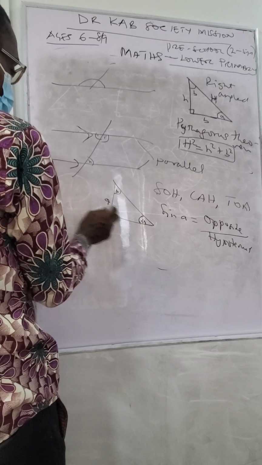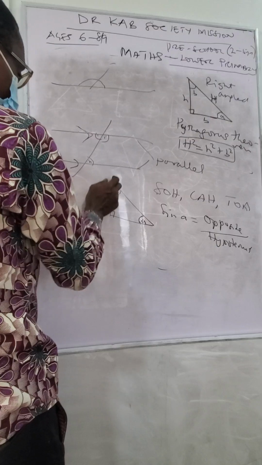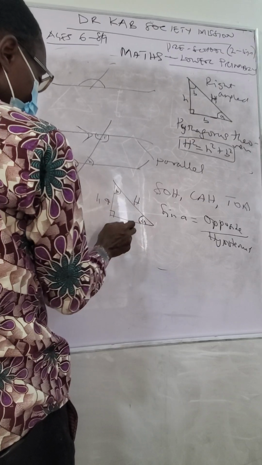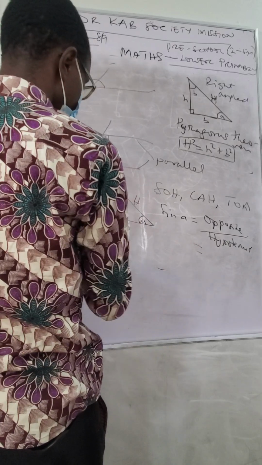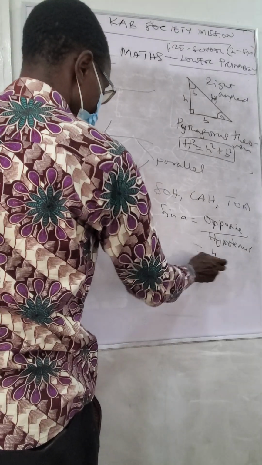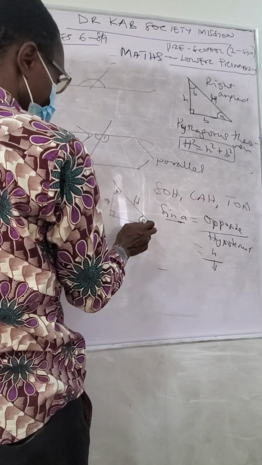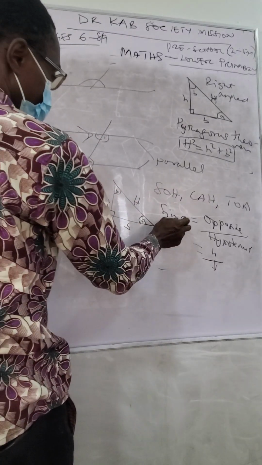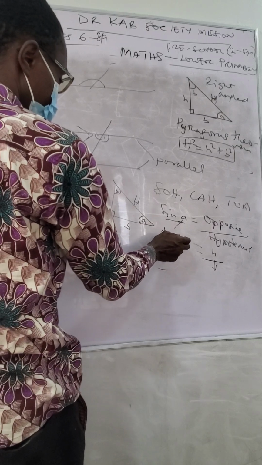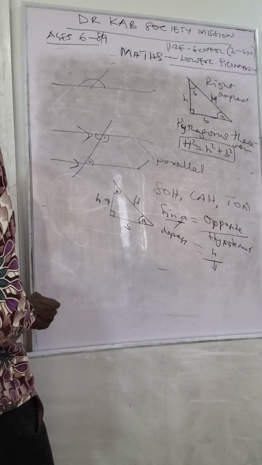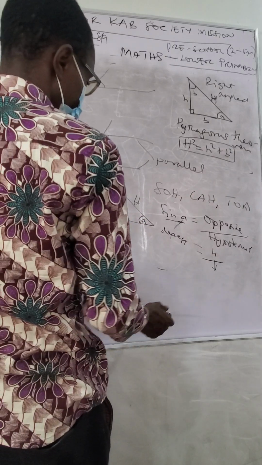So let's say this length is small h, and this capital H is the hypotenuse. So sine A is small h over capital H. This angle is in degrees, so we find it in degrees.